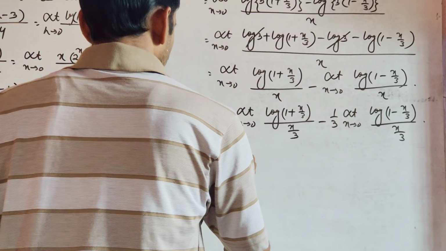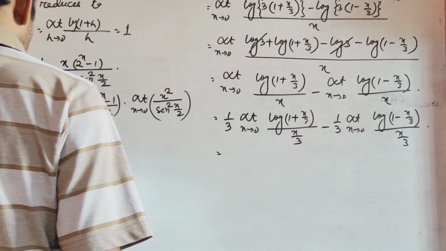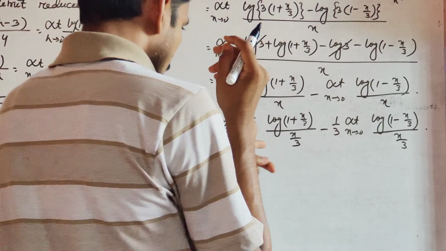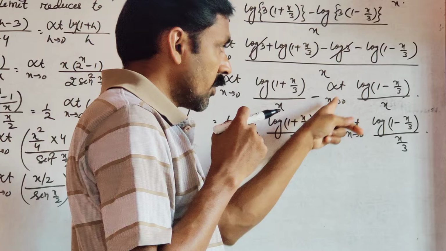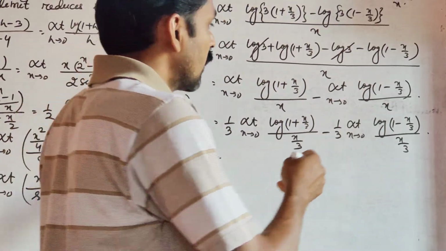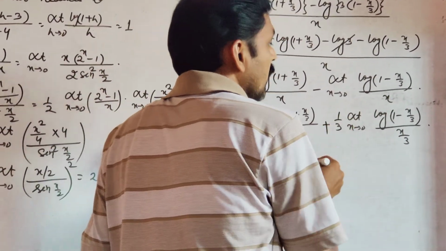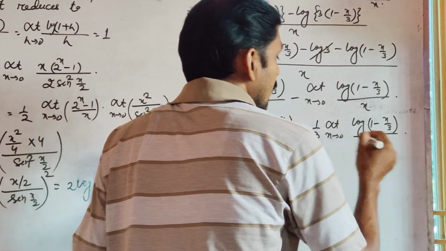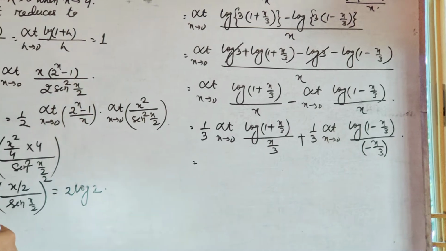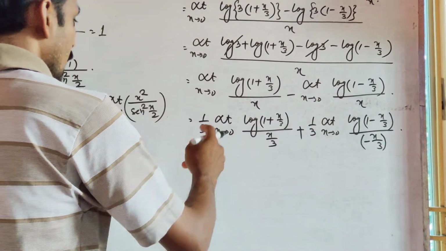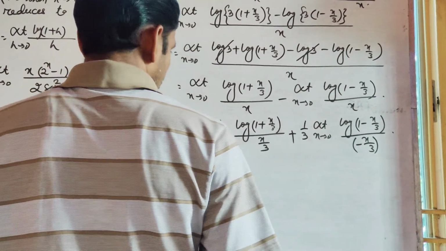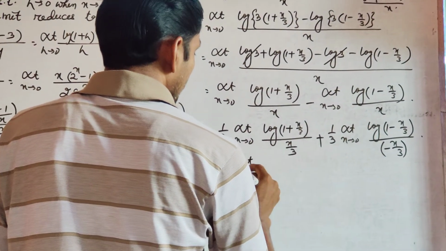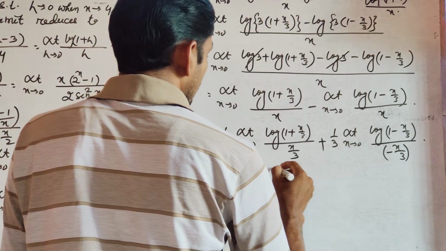And after that, what will you do? Now here this is negative, but here it should be positive. So here make it positive, and here you give negative sign. Here 1 by 3 limit x tends to 0. Now it is 1 by 3. Here you can write x tends to 0 means x by 3 tends to 0.